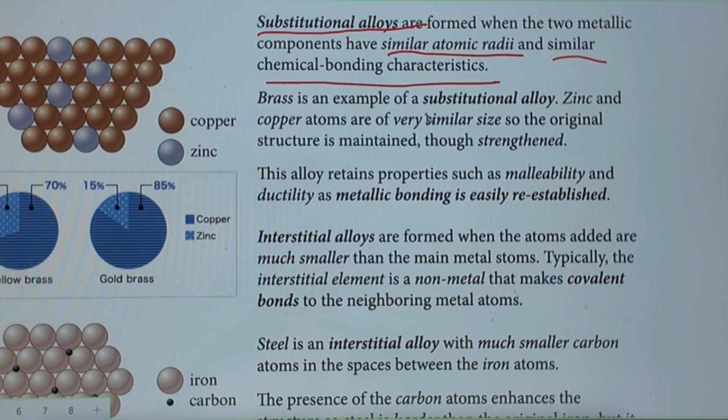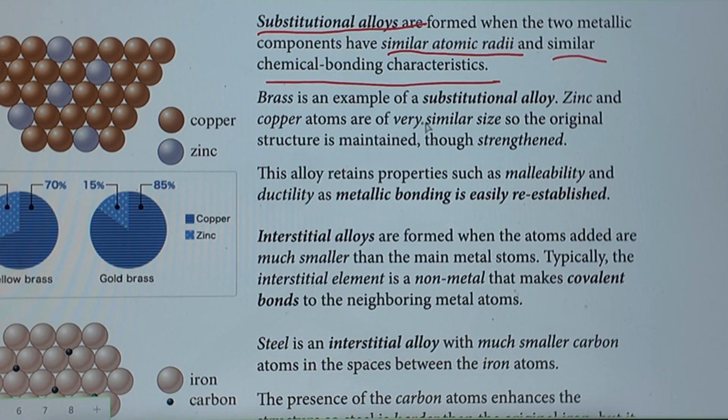Brass is an example of a substitutional alloy. Zinc and copper are a very similar size, so the original structure is maintained, though strengthened.